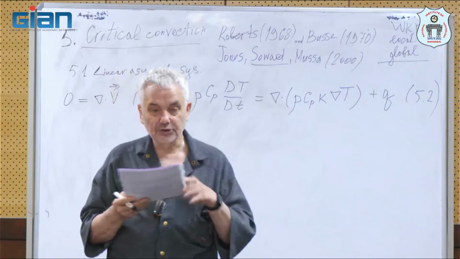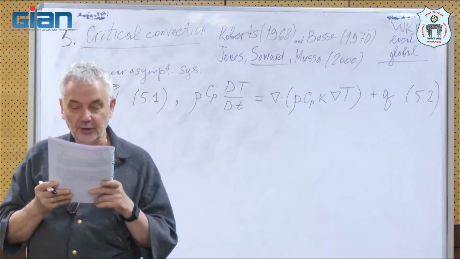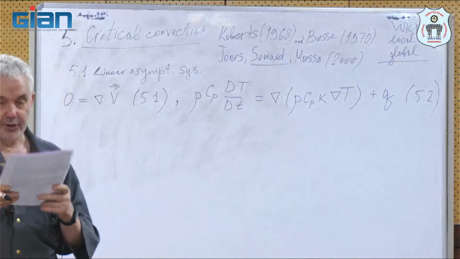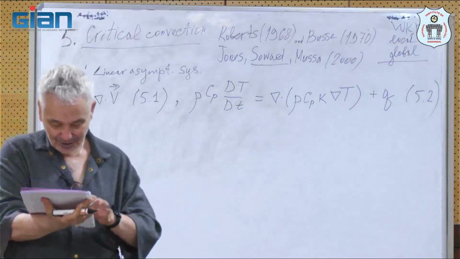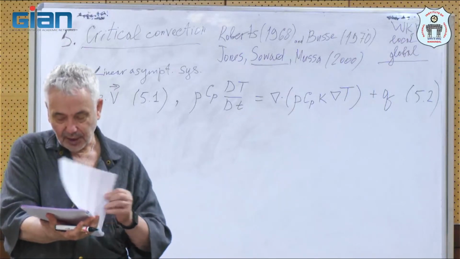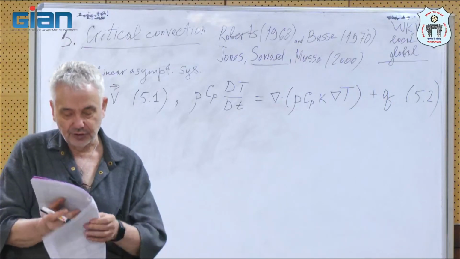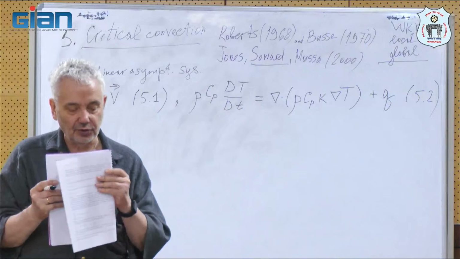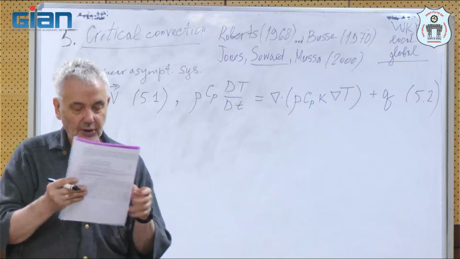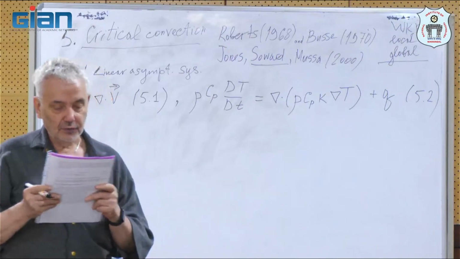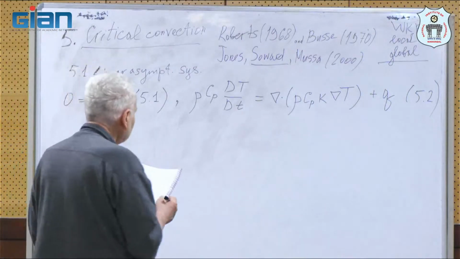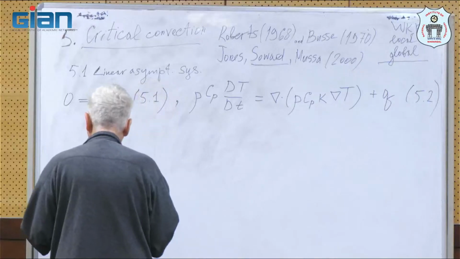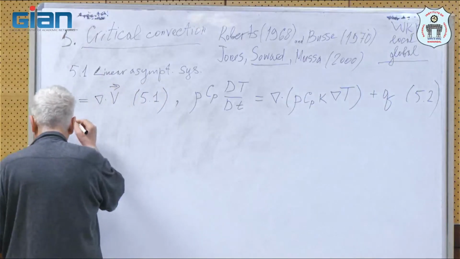You can see this equation in various publications, including our consideration, so I will not repeat its general form. I just repeated the form for this Boussinesq approximation, with of course some simplification, but sufficient for our first goal. And here we can write the third equation, which is the Navier-Stokes equation.